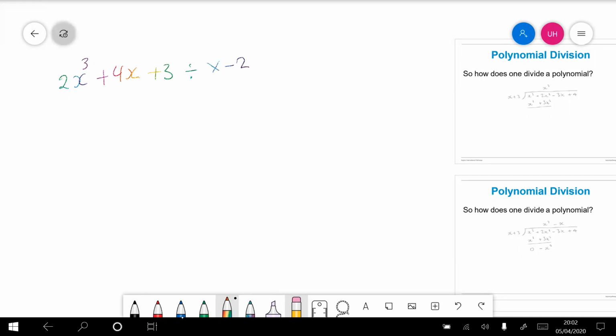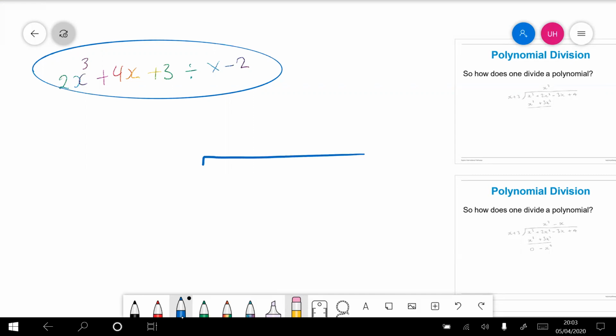Okay, so as you can see here in this polynomial, we have 2x cubed plus 4x plus 3. We don't have the x squared. So the best thing to do is you write the term of the x squared, and the coefficient for it is going to be 0. So how to write this as a long division?